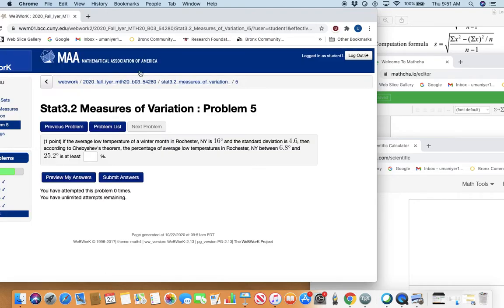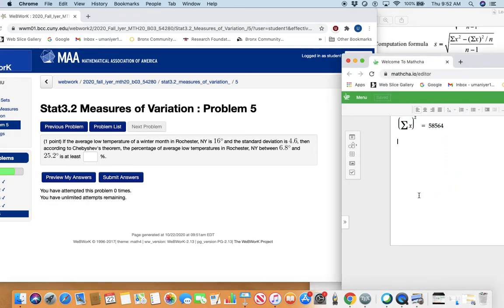Next problem. If the average low temperature of a winter month is 16 and the standard deviation is 4.6, then according to Chebyshev's theorem, find the percentage of average low temperatures between 6.8 and 25.2.